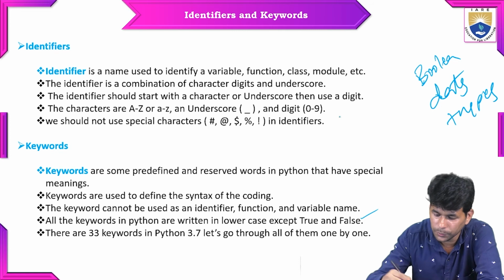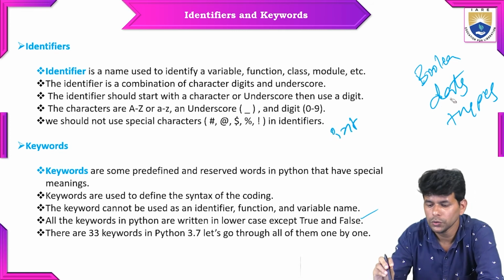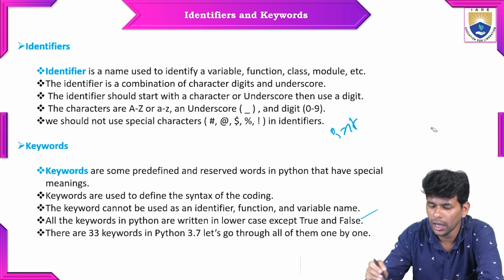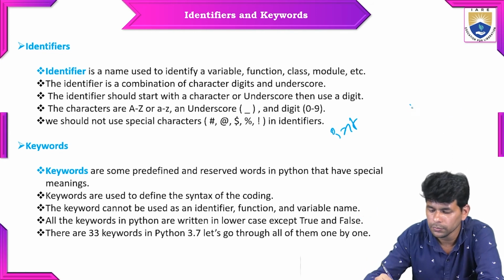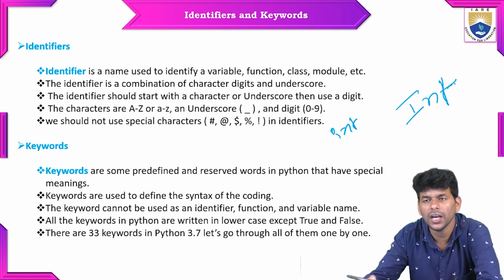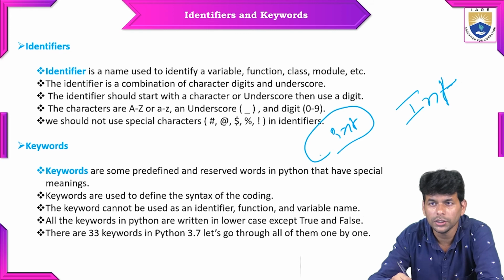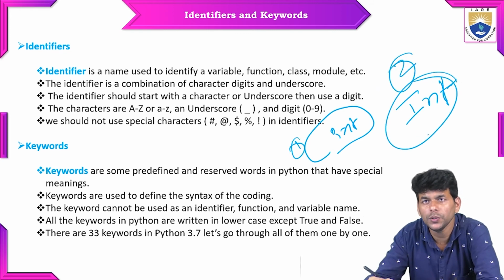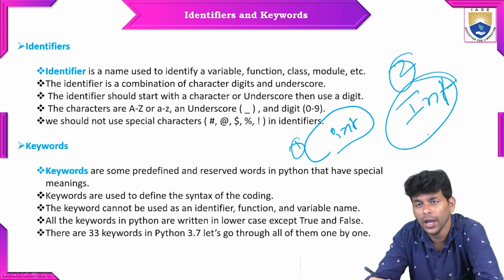Suppose I take int only, I will tell you in the int case only. I will write two things here. Int with a capital, and another one is int in small case. If I write like this in my program, this is one way and this is the second way. If I use these two ways for writing and executing code, what will happen?